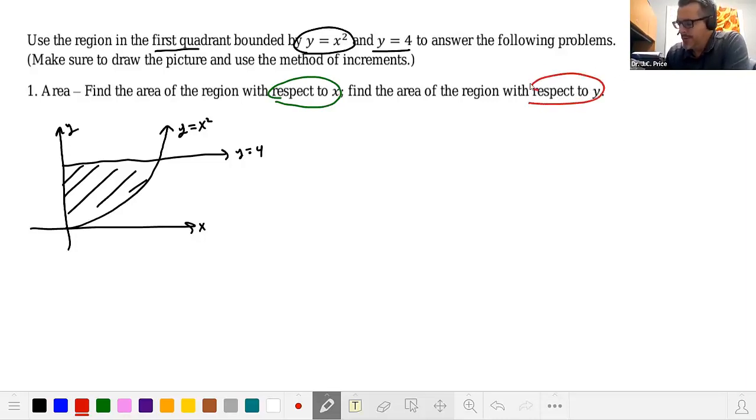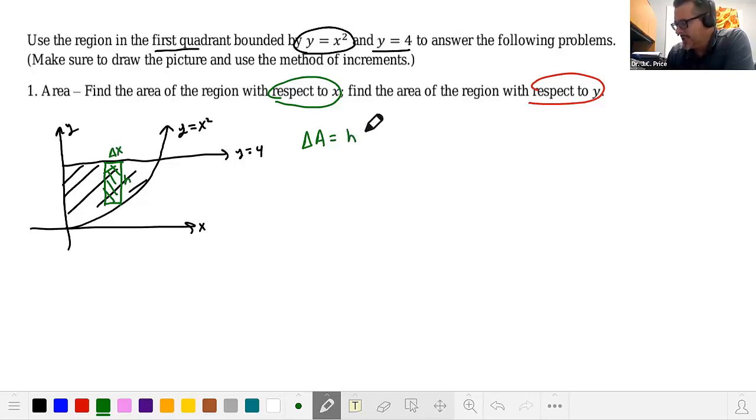All right, so if we're going to do it with respect to x first, the idea is you take this vertical rectangle right here. So here's my little vertical rectangle. And I want to find a small change in this area here. And so how do I do that? Well, I set up my little increment, small change in area equals, and this, of course, is my delta x, and this is my height h.